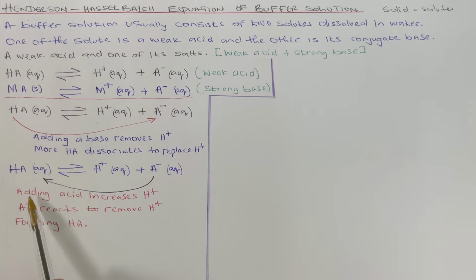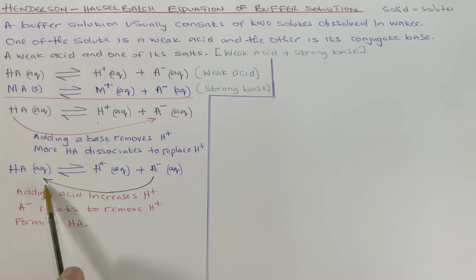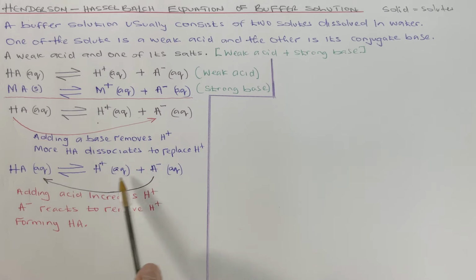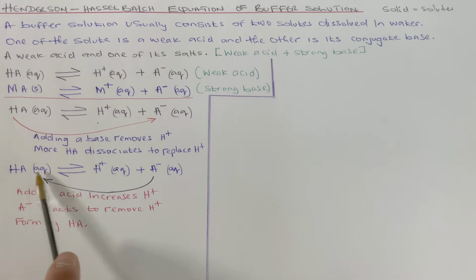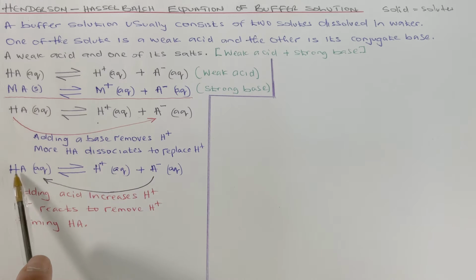If we add a small amount of acid to the buffer solution, the acid will react with the A minus, forming more HA. So equilibrium will shift to the left. So now we know what the buffer solution is.